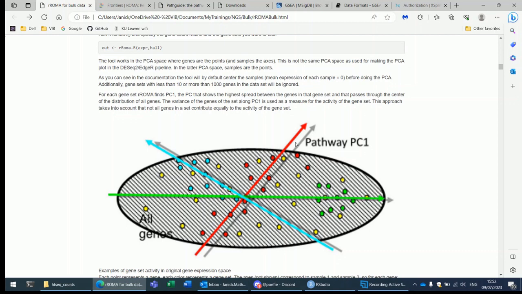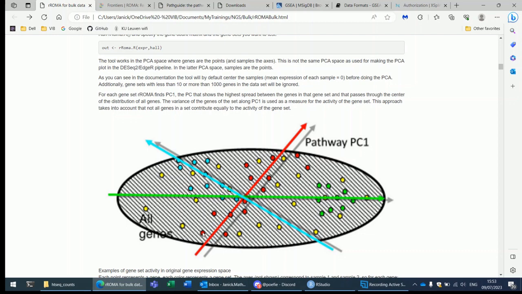So it's going to calculate this spread for every gene set, and it's going to compare the spread that it finds here for the red gene set to the spread that it finds for random gene sets. Basically, it will project all the points onto the red line.